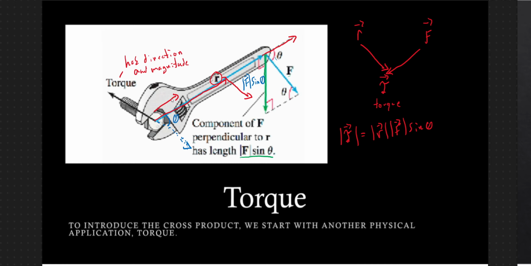So notice you can do that two ways. You could go palm down or palm up. So how do you decide whether you do palm down or palm up for that? The idea is point your fingers along the lever arm and then curl your fingers in the direction of F.